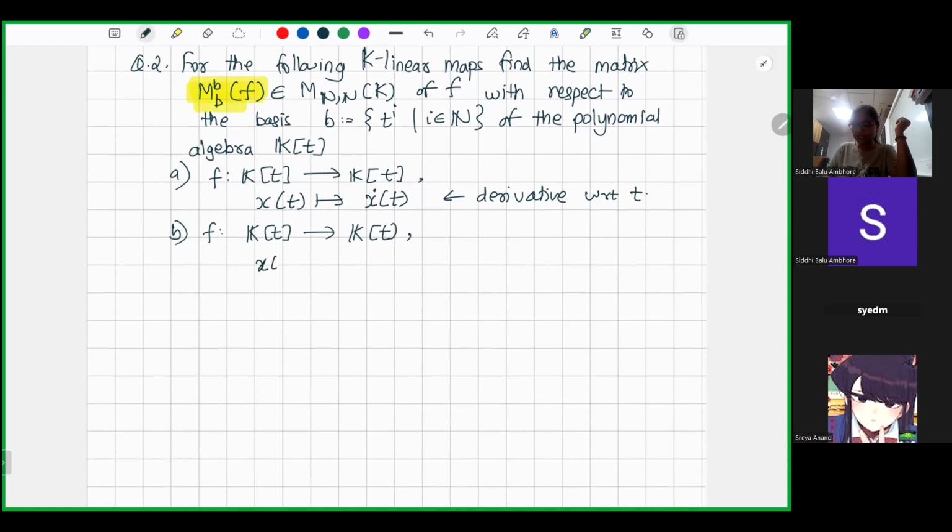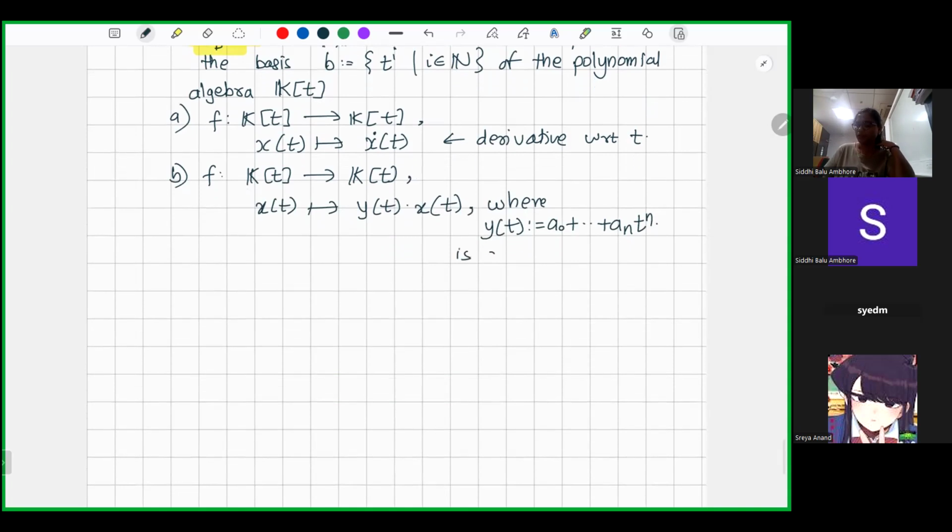So x(t) goes to x(t) y(t), or y(t) x(t), it does not matter since we are in polynomials. They are writing y(t) because they are treating it as a constant. So this is a_0 plus up to a_n t^n, a fixed polynomial.